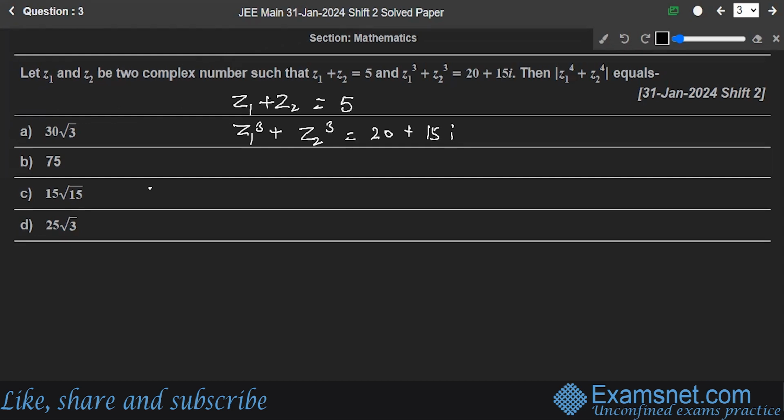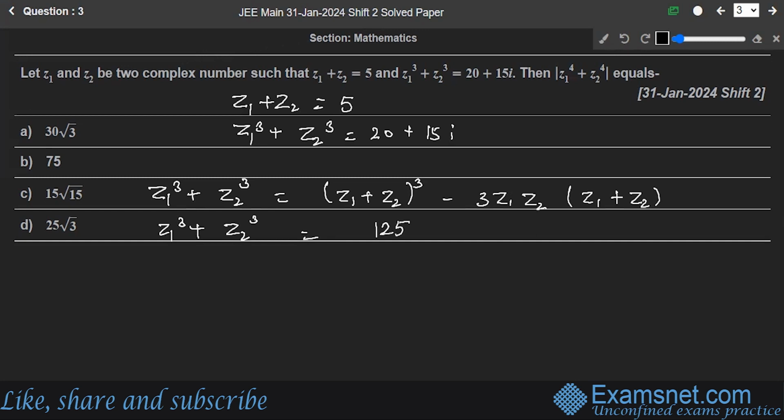You can write down Z1 cube plus Z2 cube as Z1 plus Z2 whole cube minus 3 Z1 Z2 into Z1 plus Z2. So this is equal to 5 cube, that is this much, minus 3 Z1 Z2 into 5.